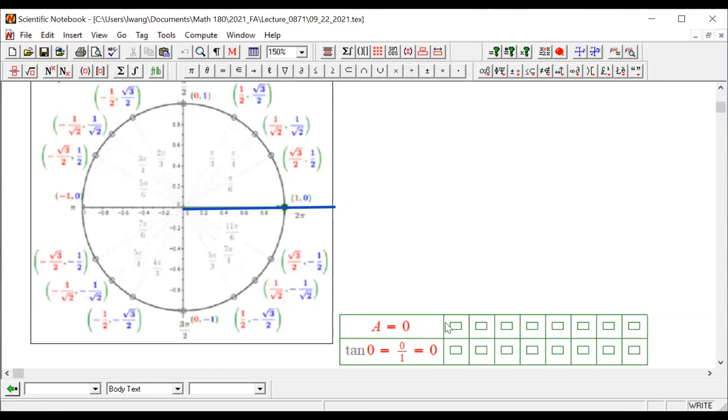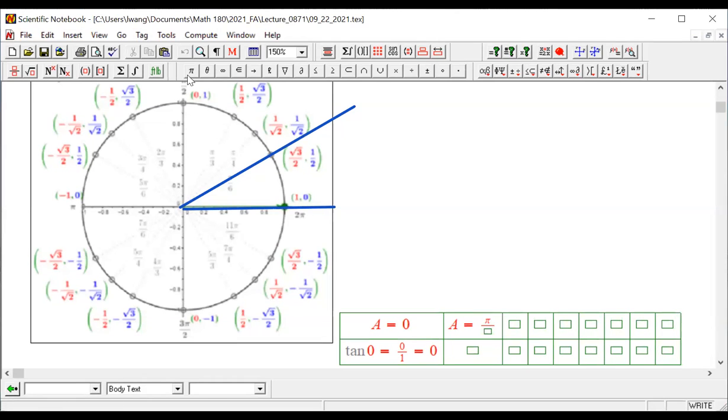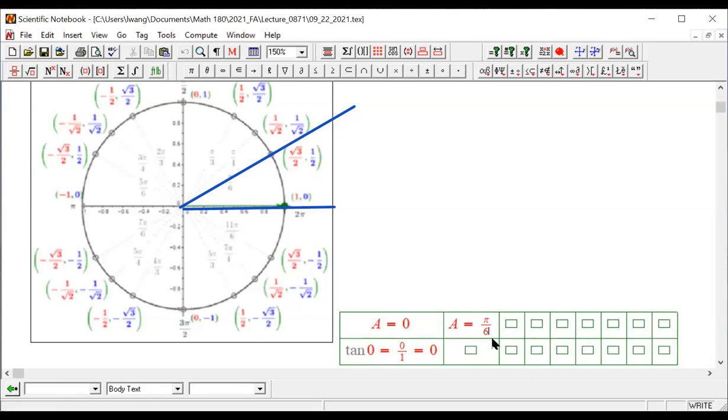Okay, so let's look at this other angle. This angle is 30 degrees, or pi over 6. Okay, pi over 6. Some of you may not be used to these radians, but we're going to cover that another time. For now, just take it.